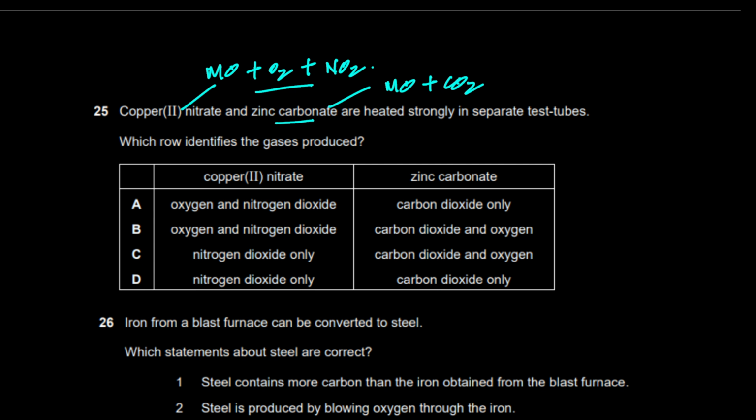So it says which row identifies the gases produced. Obviously for copper(II) nitrate, it's going to give you oxygen gas and nitrogen dioxide. So C and D are wrong. So the gases should be oxygen and nitrogen dioxide, therefore you have to select between A and B. And for zinc carbonate, we know carbon dioxide is the only gas being produced. No oxygen is being produced. So B is wrong. A is the correct option.